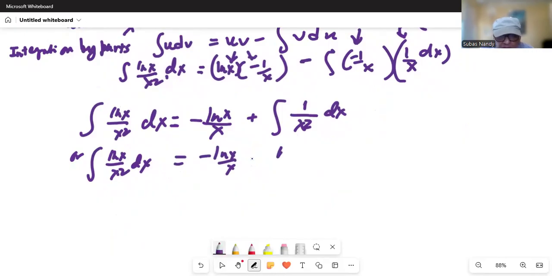Now plus integration of 1 over x square is x to the power of minus 2 plus 1, divided by minus 2 plus 1.